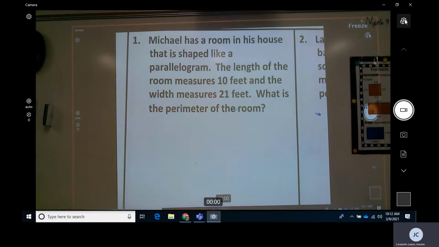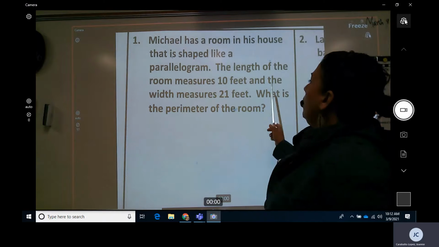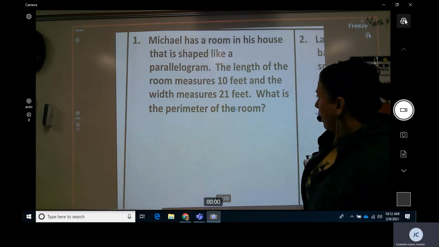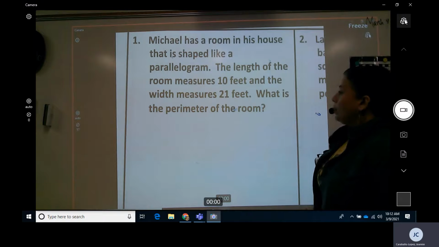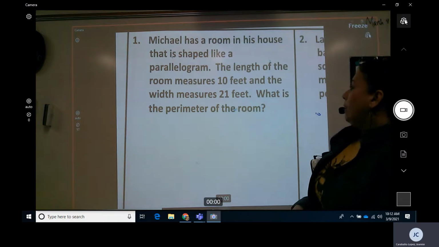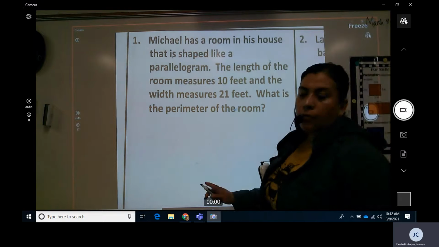It has 2 walls that are parallel, and 2 sides that are the same length, okay? The length of the room measures 10 feet, and the width measures 21 feet. What is the perimeter of the room?